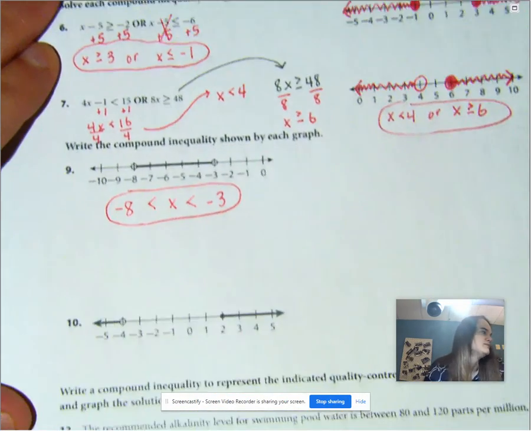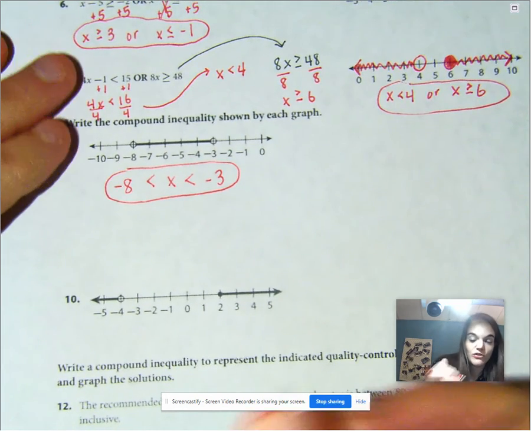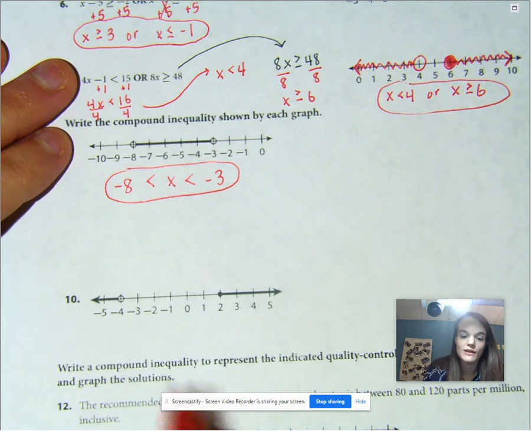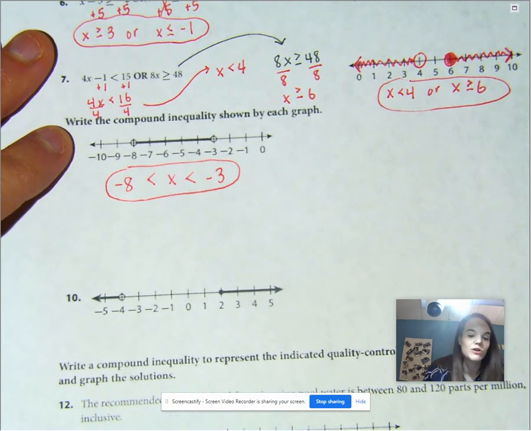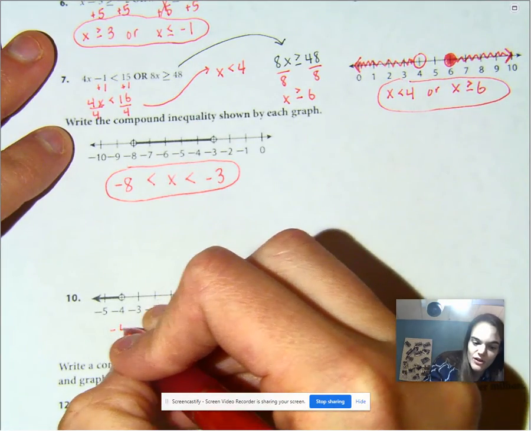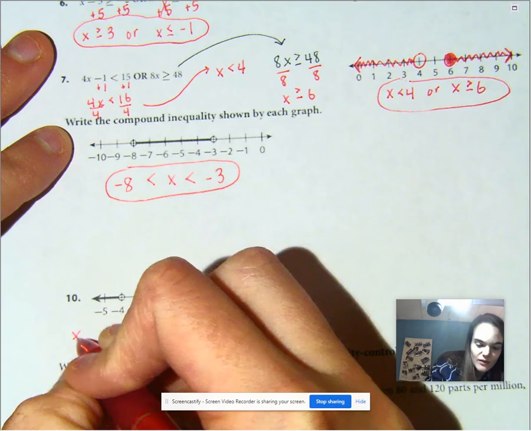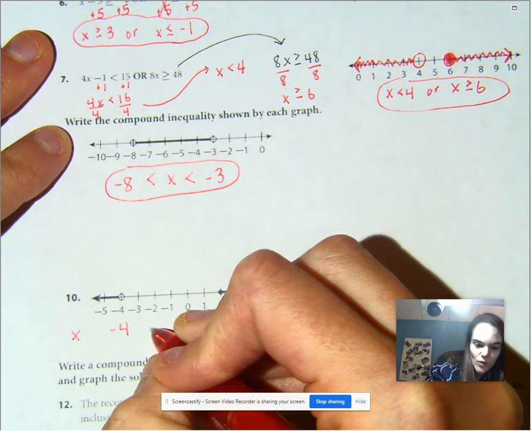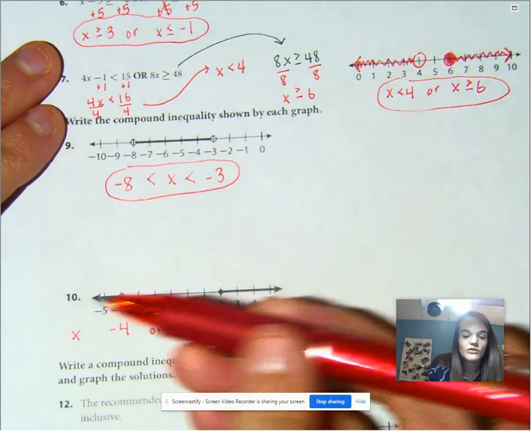I have done that. See if you can try number 10, but it's an or problem. I know it's or because it's got them pointing in opposite directions. I'm going to start this one by listing the numbers I've got. I've got an x, and I got an x, and I have or. Now I need to actually determine which symbols I need. This is pointing to the left.